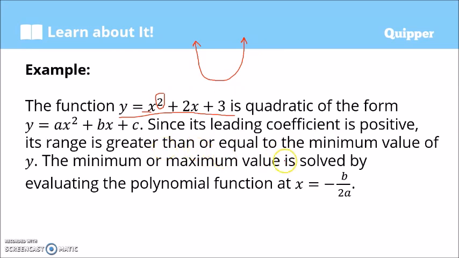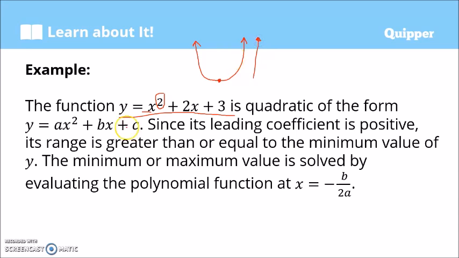So, since its leading coefficient is positive, its range is greater than or equal to the minimum value of y. Ibig sabihin, this is the minimum value of y. And so, our range, the admissible values of y, magsa-start dito sa minimum value niya, pataas, greater than.